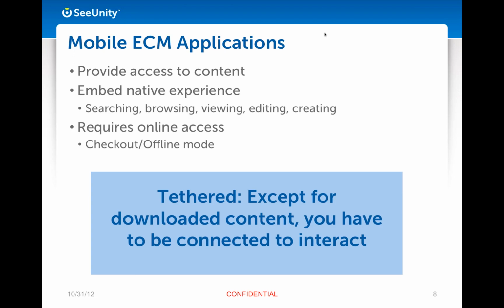So with all of those examples in terms of usability, we sort of have this concept of tethered connectivity. So except for downloaded content, you have to be connected continuously to be able to interact with that information. And that seems obviously intuitive, but that can present some challenges.